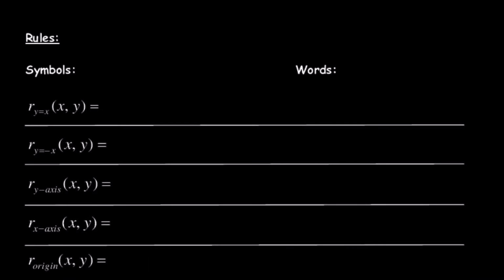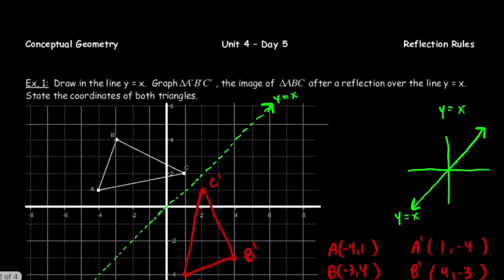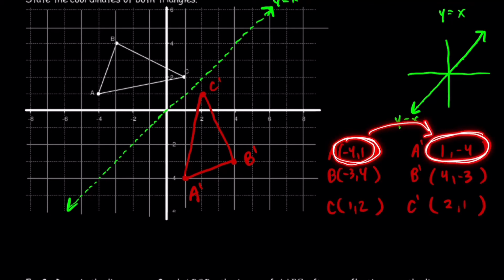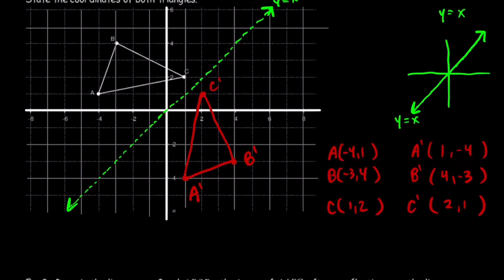So first of all, reflecting in the line y equals x. If we go back to the first page, here's y equals x. Let's just pick 1. If I had the coordinate negative 4, 1, it goes to 1, negative 4. Well, 1 stays 1, negative 4 stays negative 4, but what happened is I changed the order.